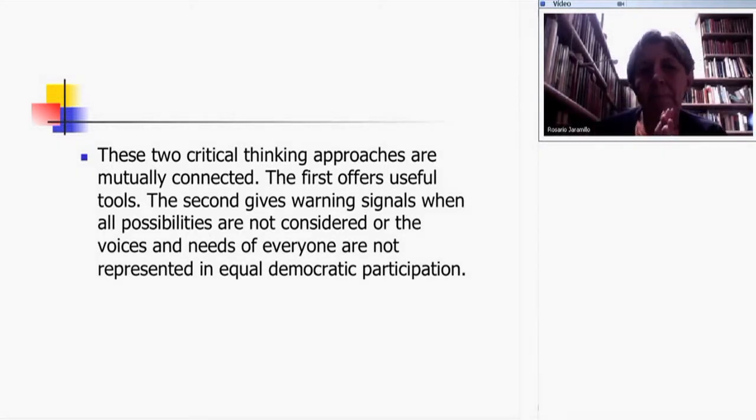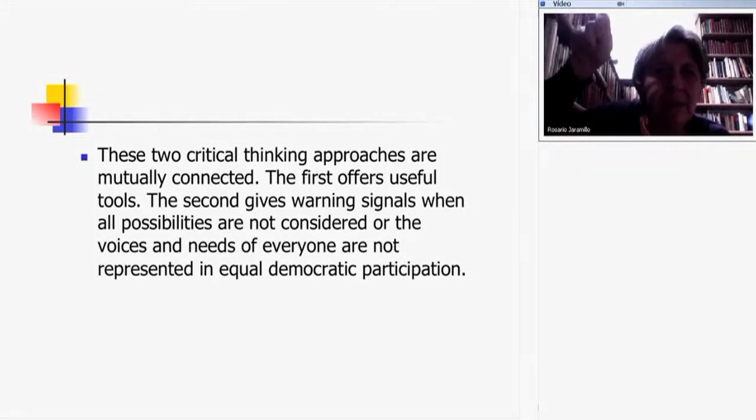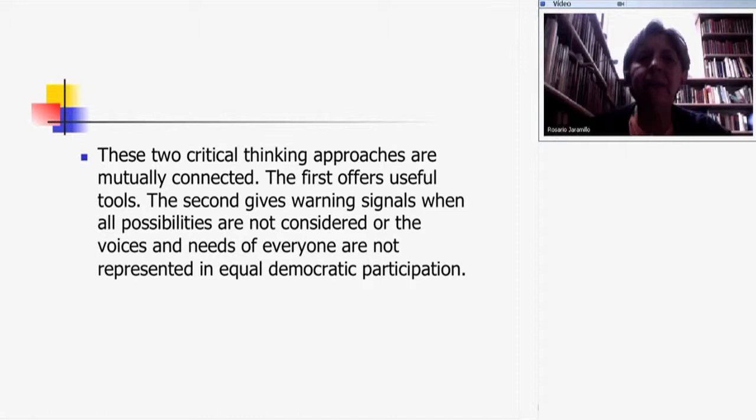But the second one does ring bells, telling people when certain voices are not even being considered. And so a true democratic participation of all is not really taking place.